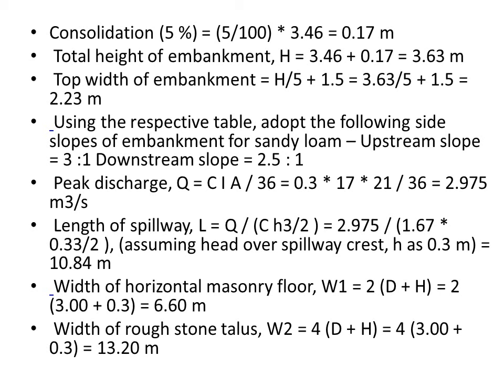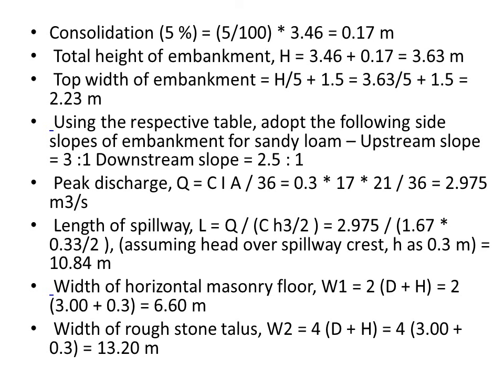The total height of the embankment to be constructed including freeboard is 3.63 meter. Top width of the embankment will be h by 5 plus 1.5, which works out to be 2.3 meter. Using the respective table, adopt the following side slopes of embankment for sandy loam. Our upstream slope is 3:1 and downstream is 2.5:1.